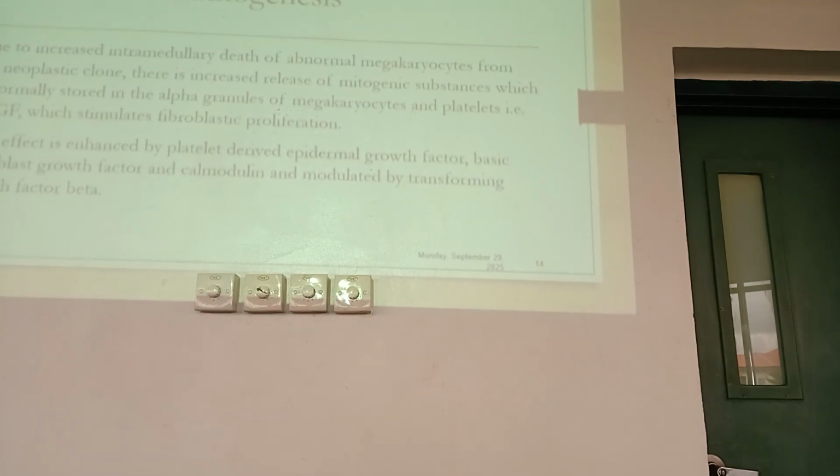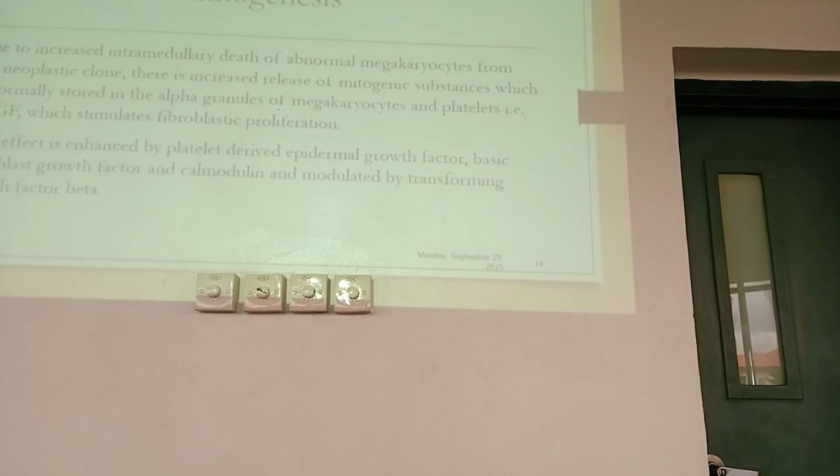Due to the increased intramedullary death, that's the bone marrow death, of megakaryocytes from the neoplastic clone, there is increased release of mitogenic substances, which are normally stored in the alpha granules of megakaryocytes and platelets.